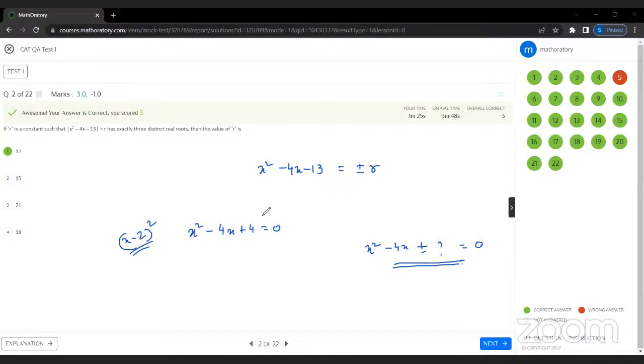So just think about this. I mean यहाँ से ये लाना है मुझे, और just reverse it out. X square minus 4x plus 4 equal to 0 अगर होता है तो x square minus 4x plus minus 13 क्या होना चाहिए? So you are subtracting 17, तो इधर भी subtract करो, so you get minus 17, right?